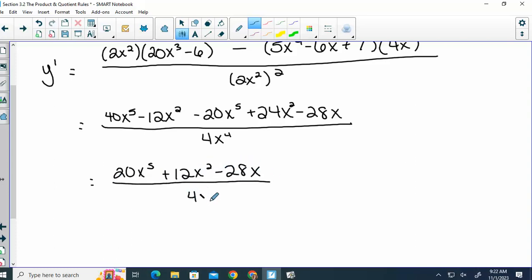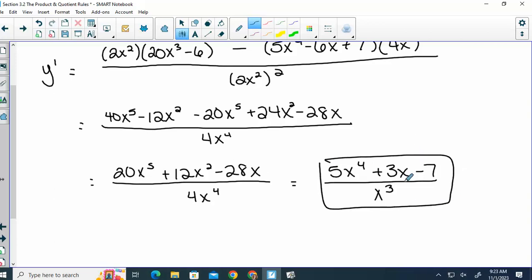Can I reduce anything here? What could I divide everything by? A 4x. So if I take a 4x out of everything, 5x to the fourth plus 3x minus 7 over x cubed. Now this is going to be written a little bit differently than if you did it the other way.